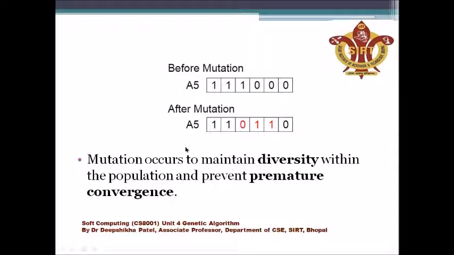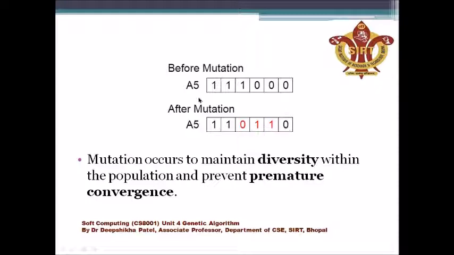So what exactly is mutation doing? Before mutation, the generated offspring A5 was 111000. When we mutate, or flip some bits or genes of A5, after mutation it will become 111011.